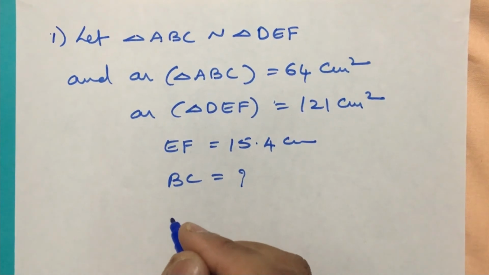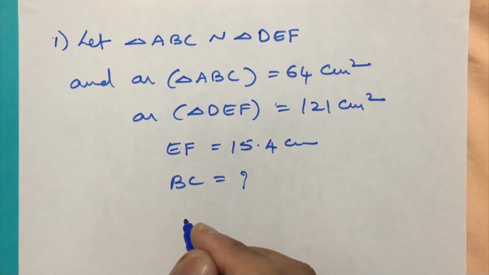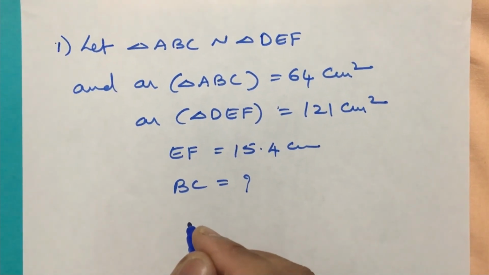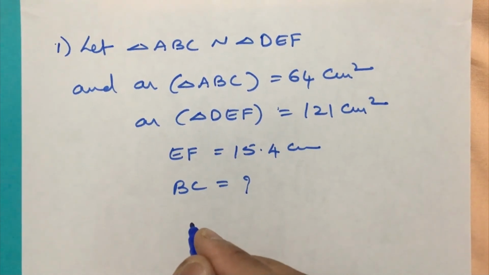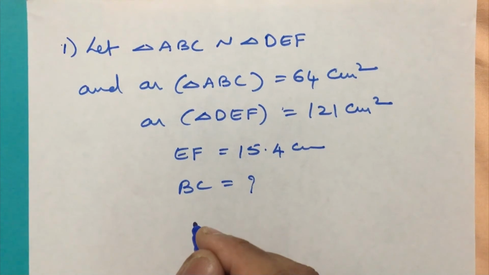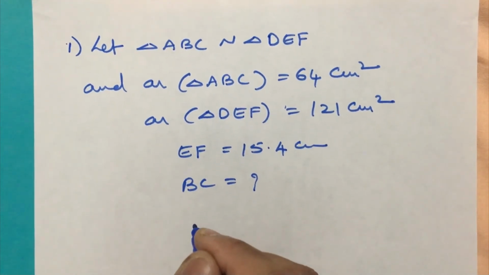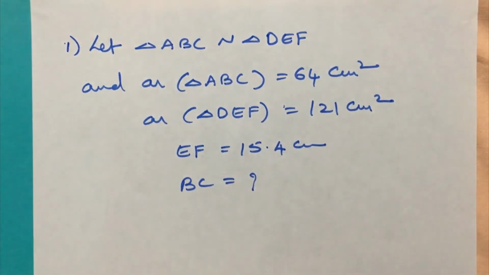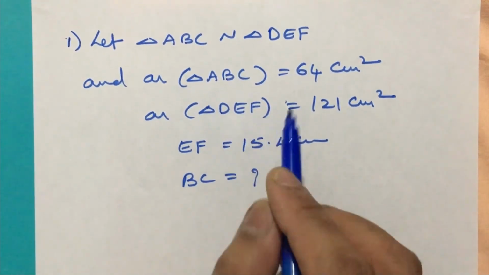By using this theorem 6.6, better not to say theorem 6.6, actually that theorem is also known as the area similarity theorem. So by using that area similarity theorem, let us solve one problem.